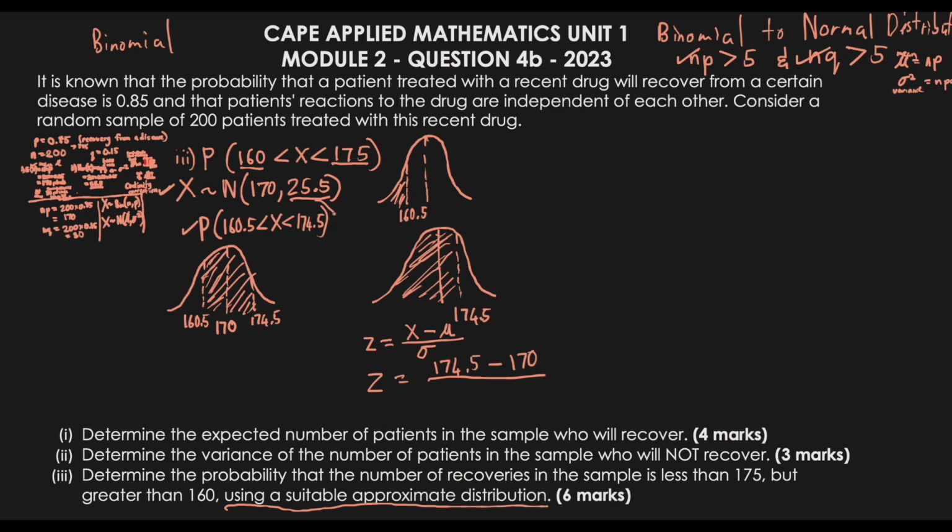Remember, right here is the variance, 25.5. So Z is equal to 4.5 divided by the square root of 25.5, which is roughly 4.5 divided by 5.05.